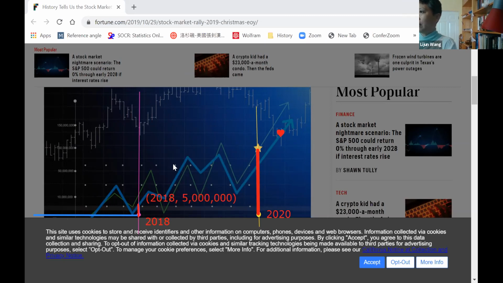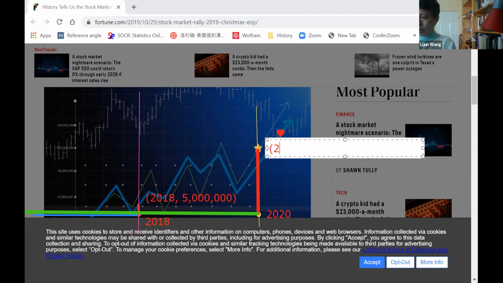The input is measured from the year when Jesus was born all the way to 2020, and the height is the output. So this is the input and that's the output. You guys follow me? So this dot, how do we mark it? 2020, and there's a number, so let's use that number, which is 100 million.